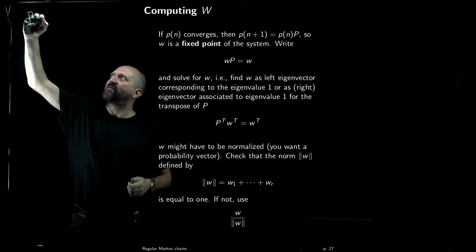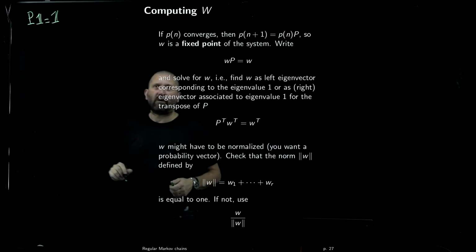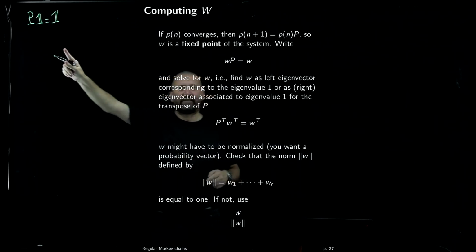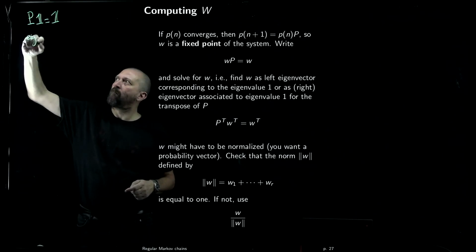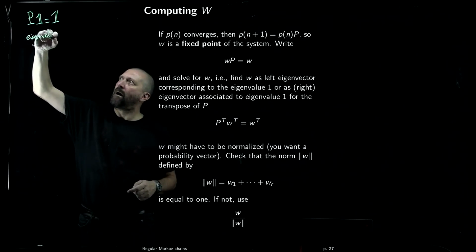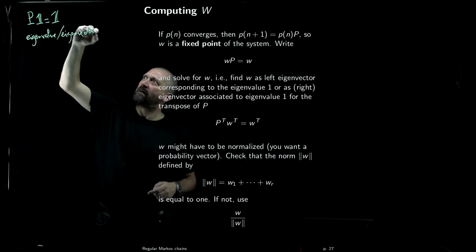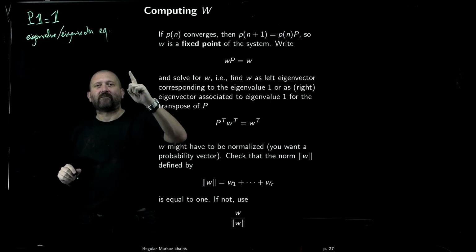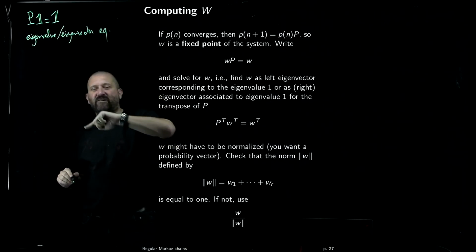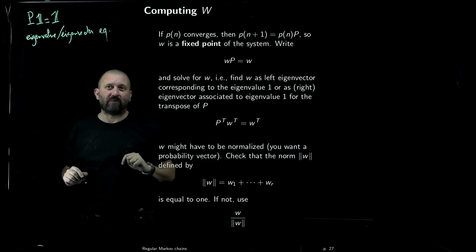because P is a stochastic matrix, we know that P1 is 1. This equation here is the eigenvector equation for the right eigenvector 1 associated to P, to the eigenvalue 1.